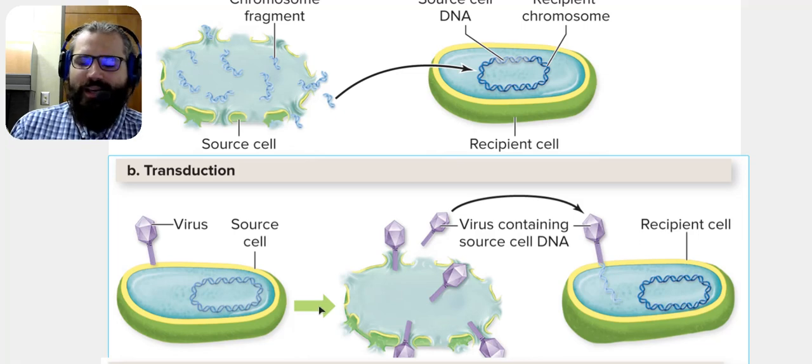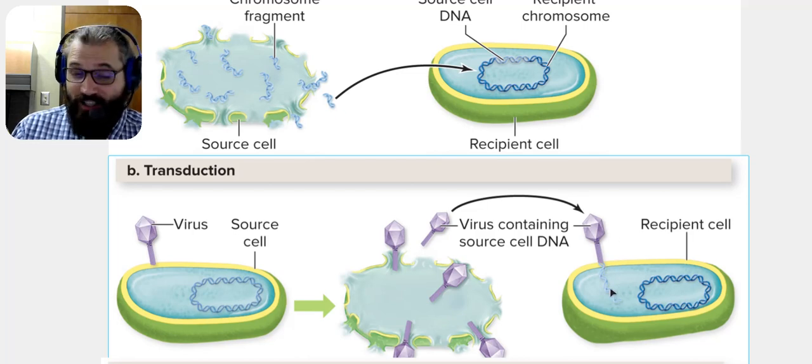In the synthesis part of that arrow, some of the host DNA got incorporated into the viral DNA. So now when the virus goes to the next bacterium and infects it, it injects itself in there, and that DNA will contain the source DNA from the host, from the source cell.